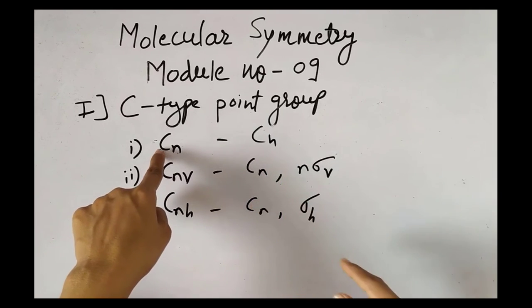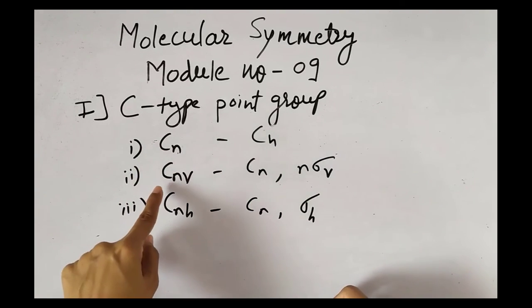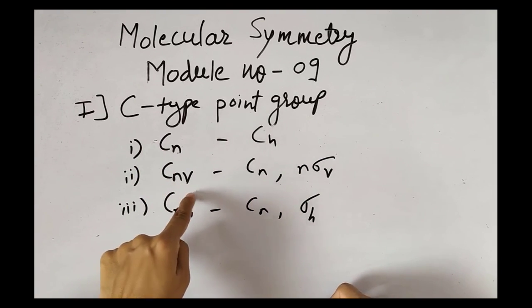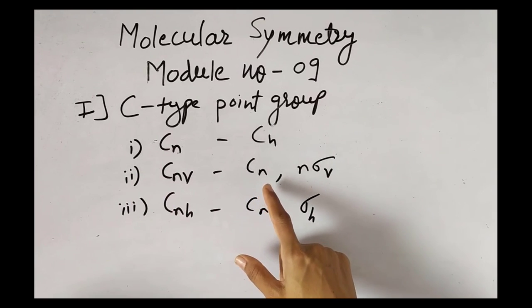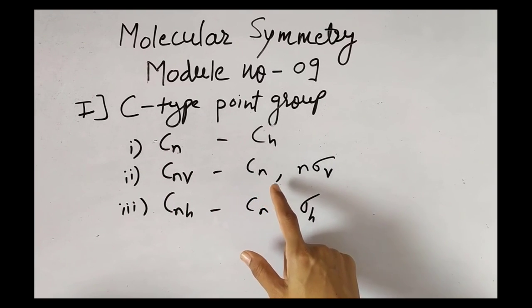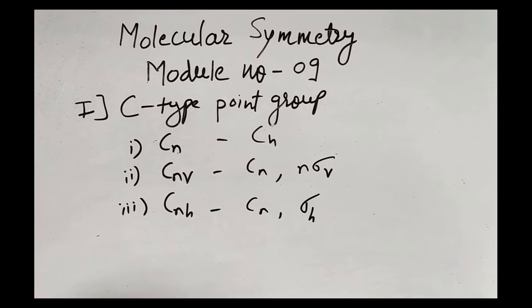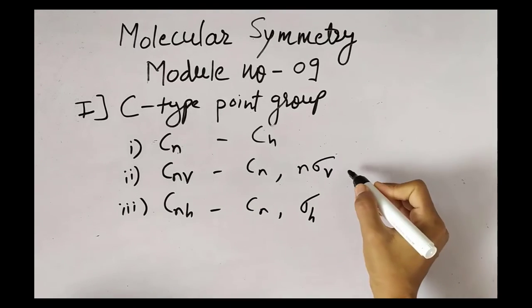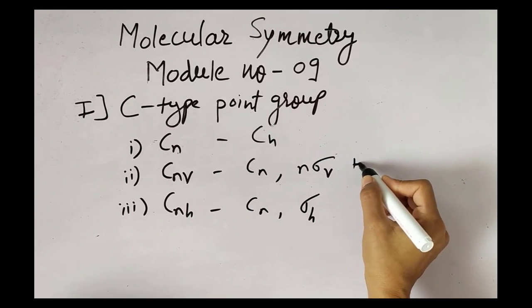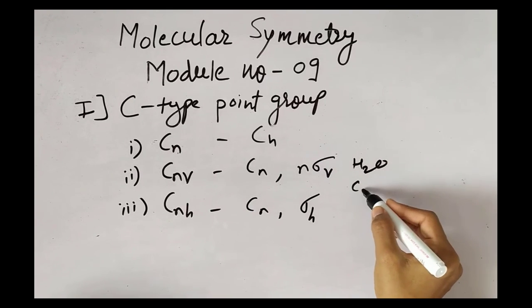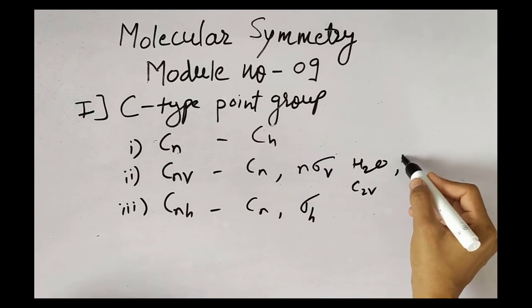Then we say that the molecule belongs to Cn. The second type we have seen is Cnv. If the molecule has a Cn rotational axis and n number of vertical planes, then we say that the molecule belongs to Cnv. The example we have seen is H2O, which has the C2v point group.